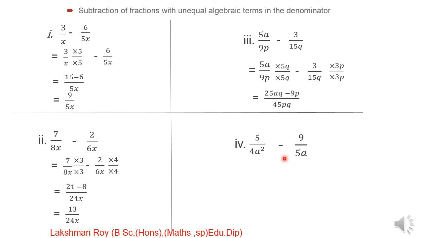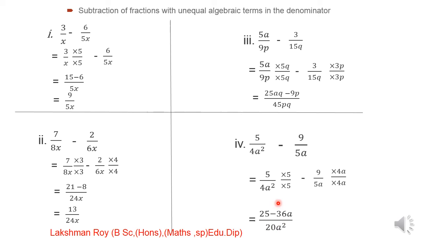To make 20a square, for the first fraction, to make 20 from the number 4, multiply by 5, both numerator and denominator. For the second fraction, to make 20, 5 should be multiplied by 4, and to make a square you have to multiply by another a, so that means 4a.